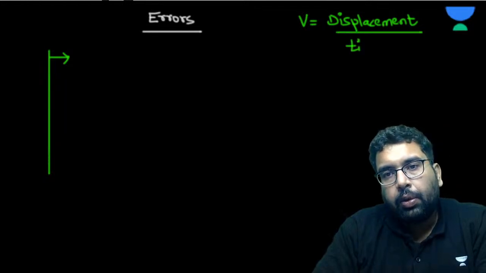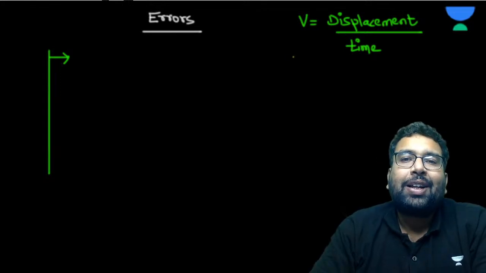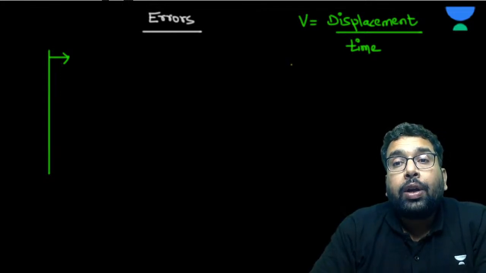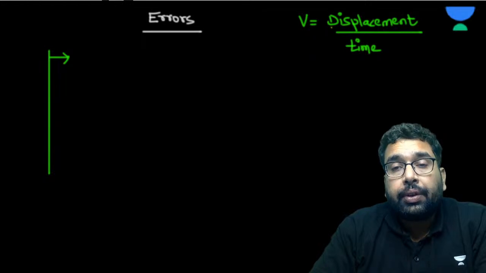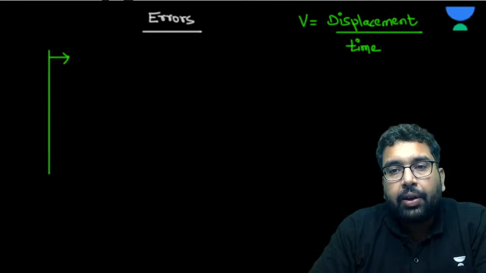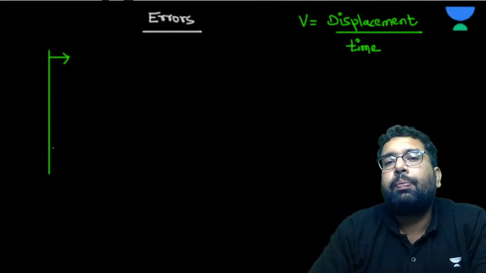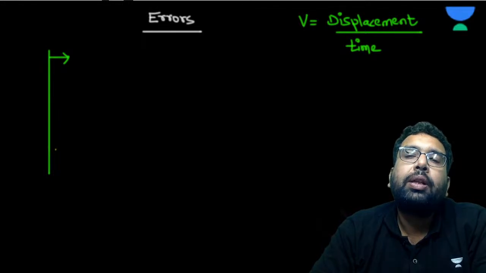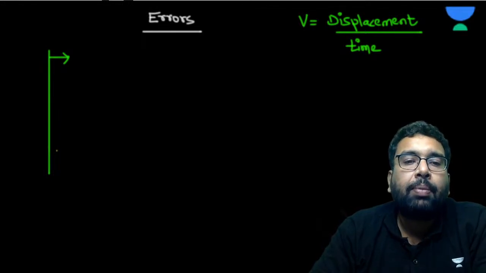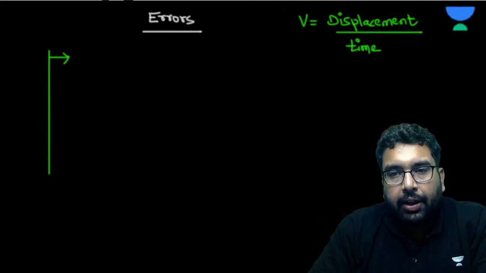To get the velocity, we need the displacement and the time. When we measure the displacement and the time, there will always be some error in both measurements. Now, what will be the error in the velocity calculation?